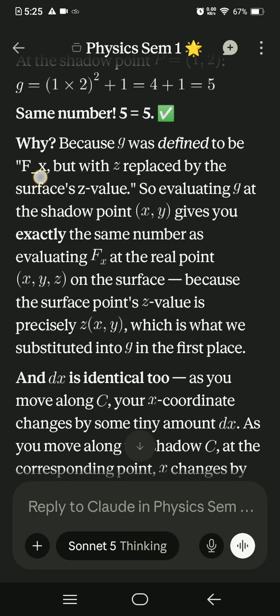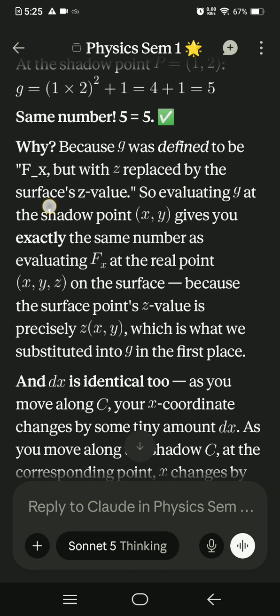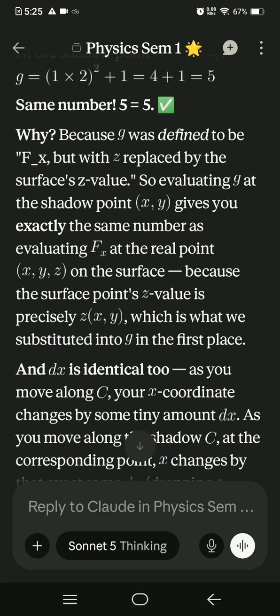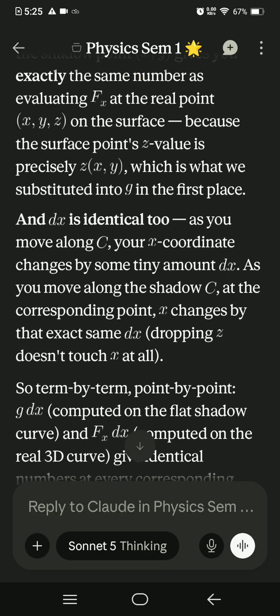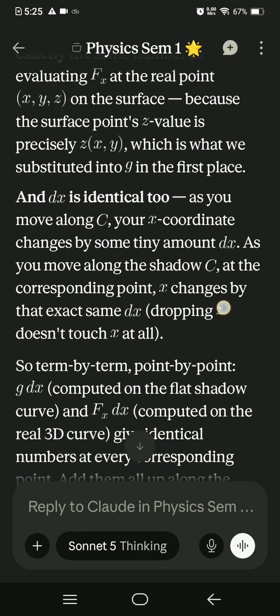Because g was defined to be fx, but with z replaced by the surface's z value, evaluating g at the shadow point xy gives you exactly the same number as evaluating fx at the real point xyz on the surface, because the surface point's z value is precisely related to xy, which is what we substituted into g in the first place. And dx is identical: as you move along C, your x coordinate changes by some tiny amount dx. As you move along shadow C at the corresponding point, x changes by exactly the same dx.